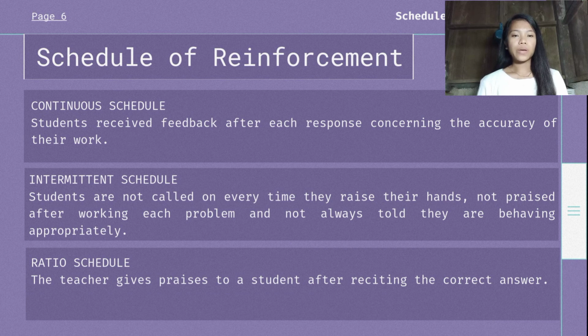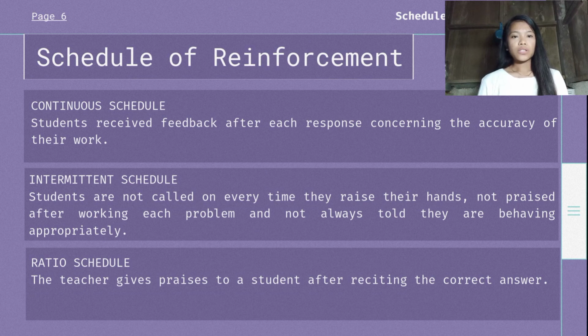They were not always praised after solving a problem, and they were not always told they were acting appropriately. In the ratio schedule, the teacher gives praise to a student after reciting the correct answer. These schedules may affect the behavior of students both positively and negatively.